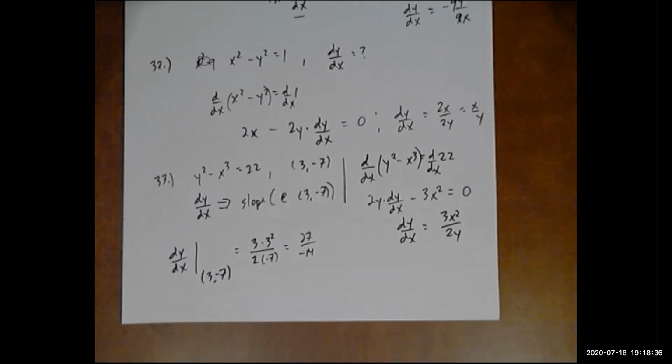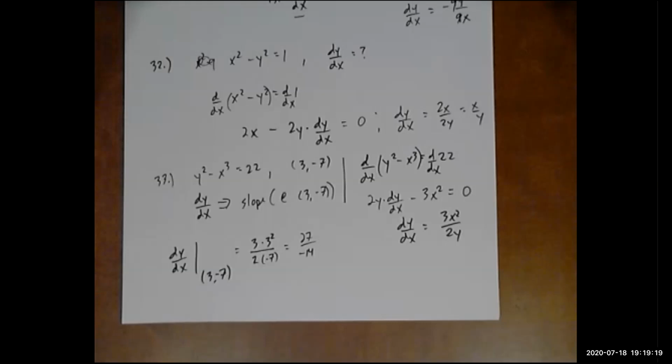Now here I skipped a step, but if I didn't, I would have added 3x squared to both sides and then divided both sides by 2y. dy/dx equals 3x squared over 2y. Now I want to evaluate this at (3, -7), which means you plug in 3 for x. So I have 3 times 3 squared over 2y, 2 times negative 7. 3 squared is 9. 9 times 3 is 27 over negative 14.